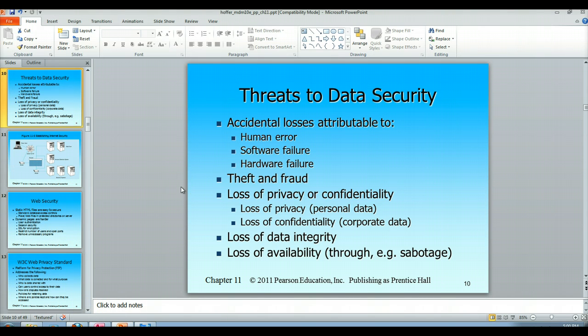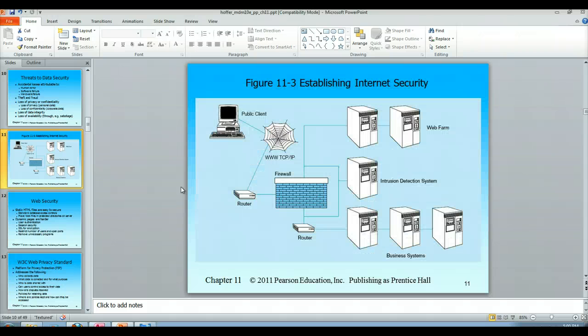Those are threats to your data. And graphically, we can represent that as, we have our public trying to use TCP/IP to get to a router that eventually gets to our firewall, and then we need some kind of intrusion detection system in place that's going to monitor communications when someone's through our firewall to our web farm and to our business systems.